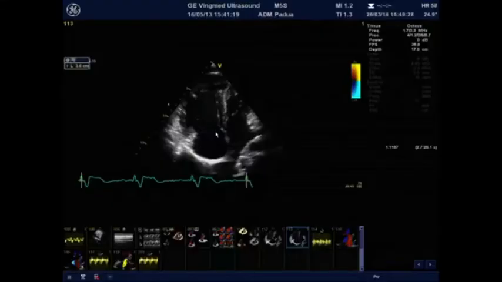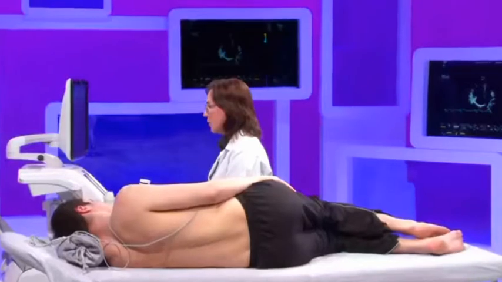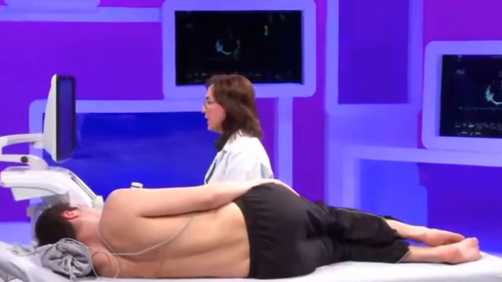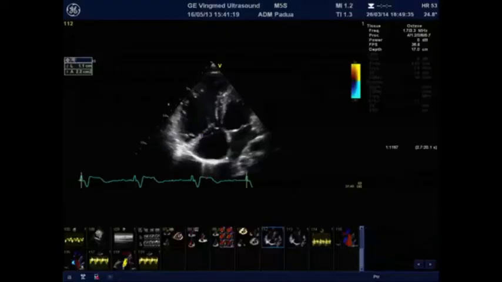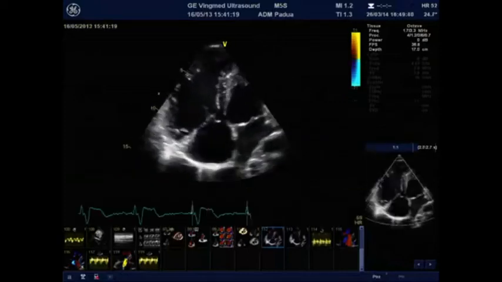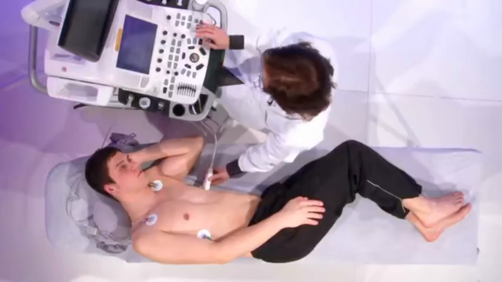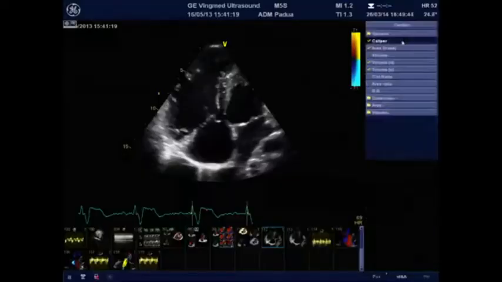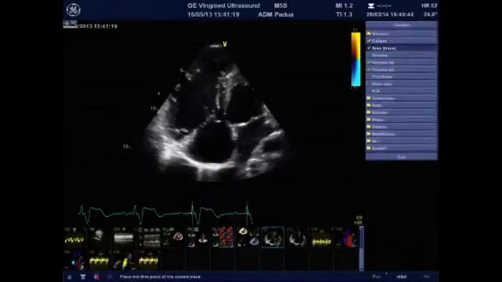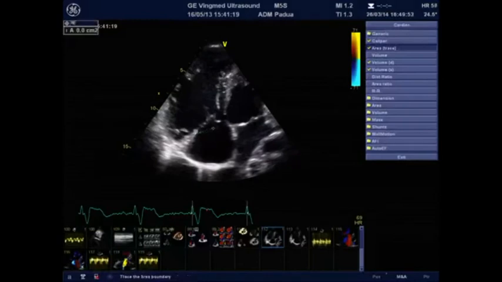In order to prove this, you can measure the tenting area and the coaptation distance. The tenting area should be measured in mid-systole, and it's the area of the tent formed by the leaflets, which are closed, and the annulus plane, like this.